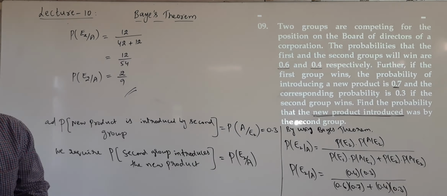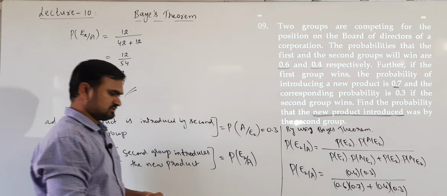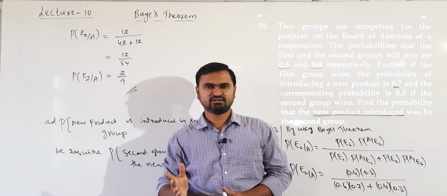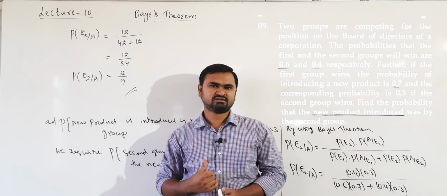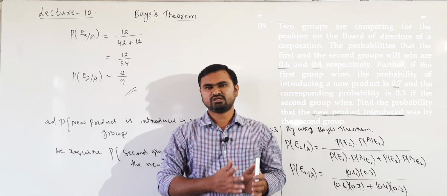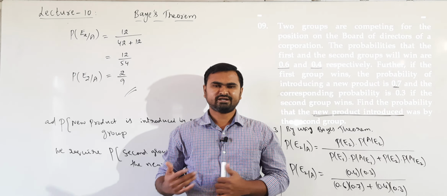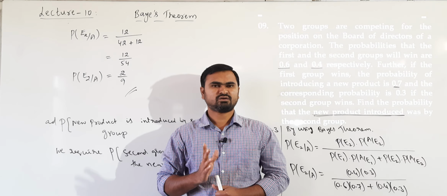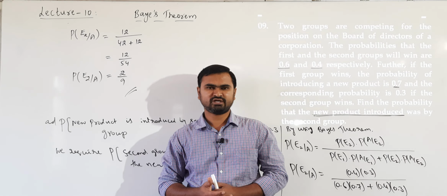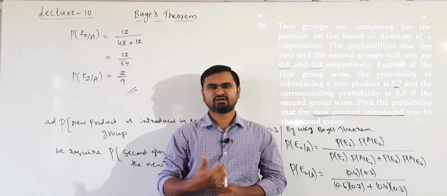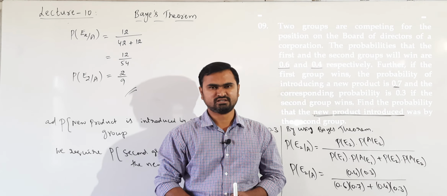Understanding the Bayes theorem here, it should be clear what the events E1, E2, E3 are. Mostly they will give 2 events, sometimes they can give 3 events also. So, we find the events E1, E2, E3 and write their probabilities first. After then we write the common event A. A is the common event which may occur in E1, or it may occur in E2, or it may occur in E3.